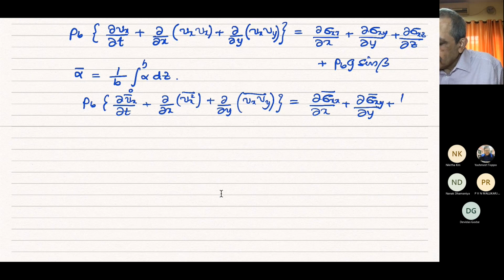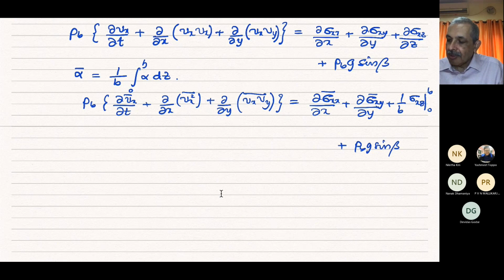So this will just give us 1 by B into sigma xz evaluated between 0 and B. And then of course you have plus rho b g sine of beta. Since this is a constant term, when you average it, it remains the same.